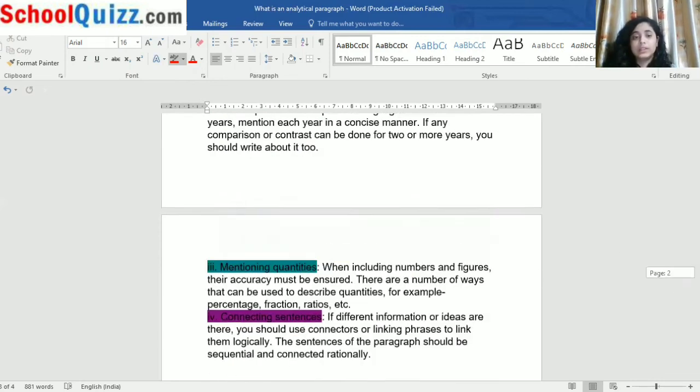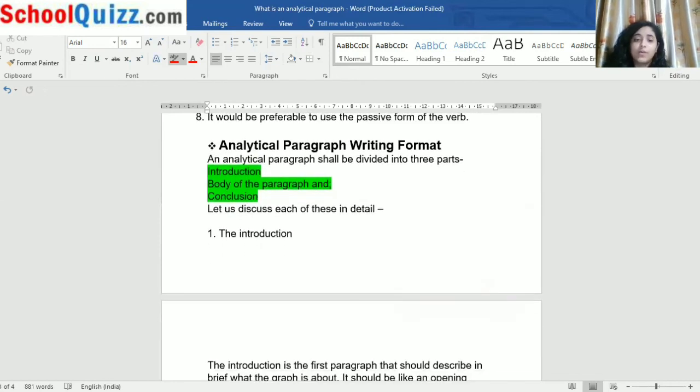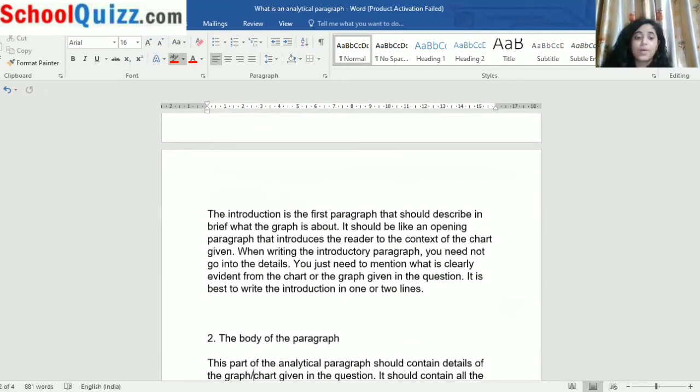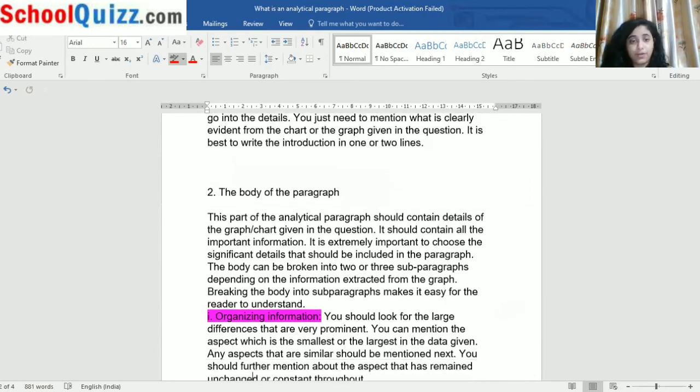Now we'll go over in short what we have studied. We have studied the analytical paragraph writing format. In that we have studied introduction, body of the paragraph and conclusion. In the introduction, an opening statement should be included. It should be clear. It should be simple. In the body of the paragraph, we have seen that we can break it down into 4 parts. So what will be the first part? The first part is we have to organize the information.